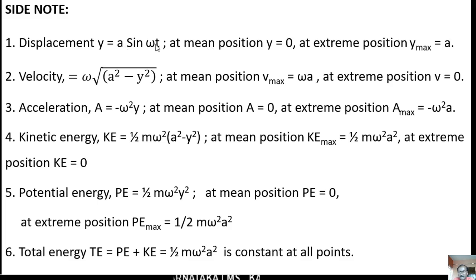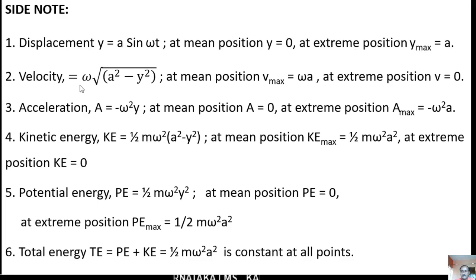At the extreme position, the displacement will be maximum, that is A. Sine omega t becomes sine 90, which is 1, so y equals A sine 90, that is y maximum equals A, the amplitude. The displacement is equal to amplitude when the particle reaches the extreme point.